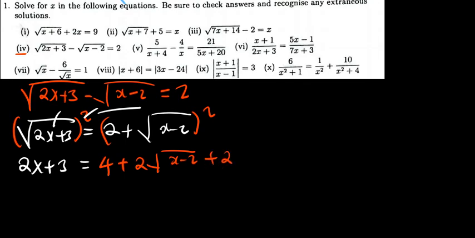When I do that, I can clearly see that this 2 and that square root will cancel out. I'll remain with 2x plus 3. Then here now, I'm going to say 2 times 2 is 4. 2 times the square root of x minus 2 is going to be 2 the square root of x minus 2. Then again, the square root of x minus 2 times 2, I'll still get 2 times the square root of x minus 2.